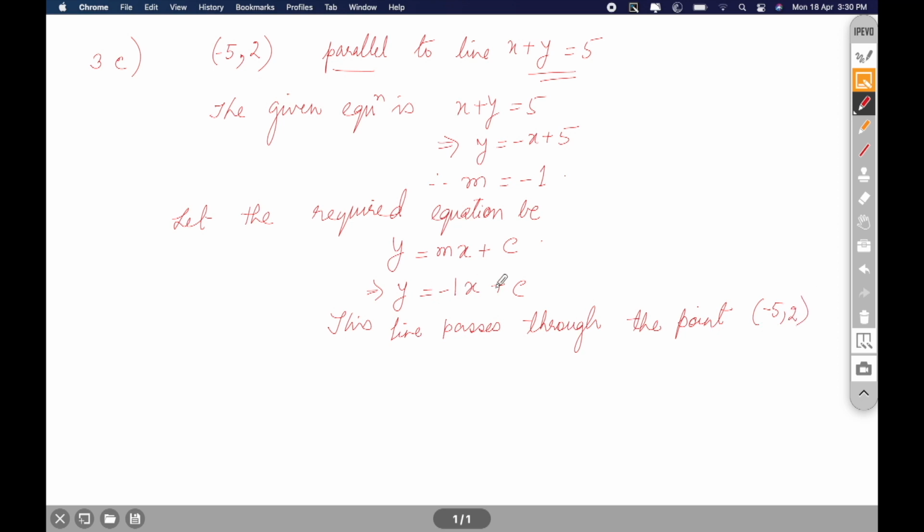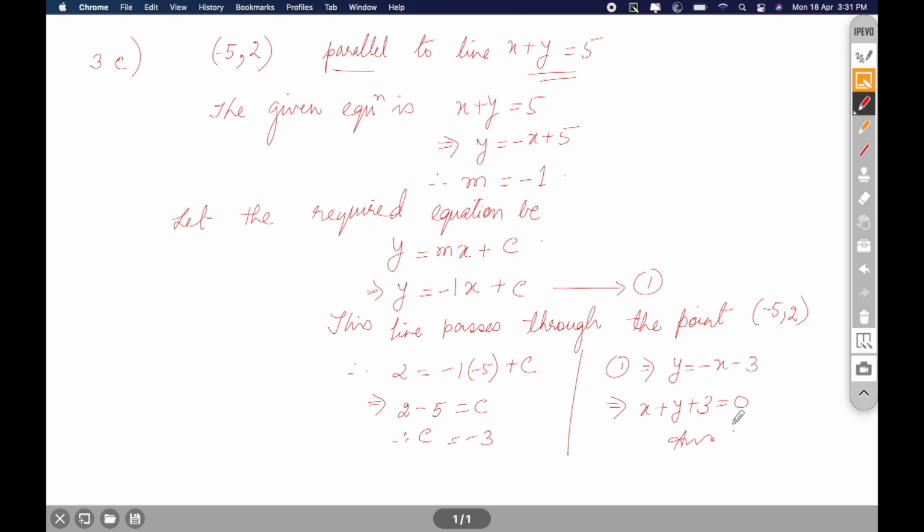So this point is going to satisfy this equation. That means x can take the value minus 5, y can take the value 2. So 2 equals minus 1 into minus 5 plus c. So we have 2 minus 5 equals c. Therefore c equals minus 3. So from 1 we have y equals minus x minus 3. That is x plus y plus 3 equals 0, which is the required equation of the line.